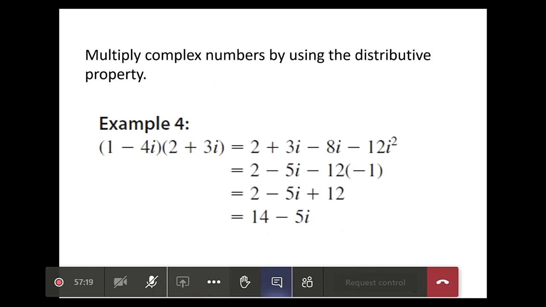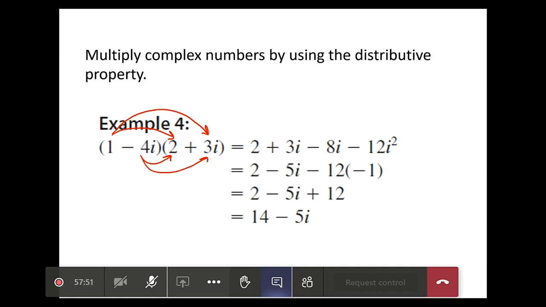Right. How can we multiply two complex numbers together? Just like multiplying two brackets. Multiply each term in the first bracket with all terms in the second bracket. So multiply 1 with 1, 1 with 2, and 1 with 3i. After that, negative 4i multiply by 2, and negative 4i multiply by 3i.